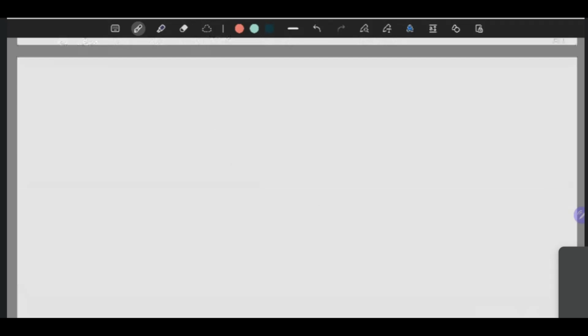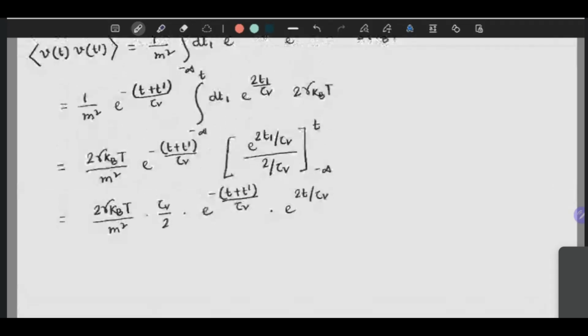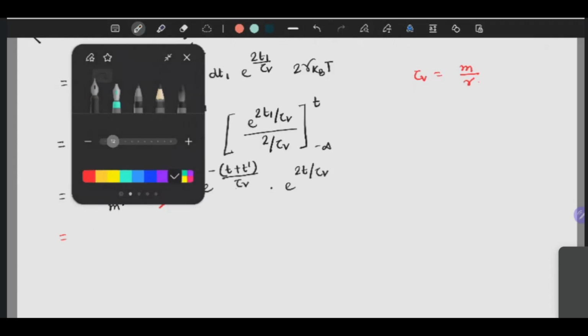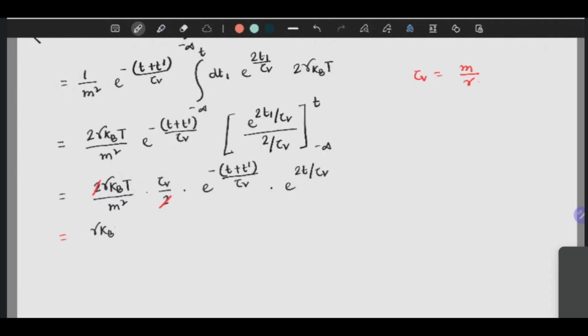So now, you know tau v is m by gamma. So if it is m by gamma, 2 and 2 cancel out, gamma gamma cancels out, and m by m cancels out, so it becomes gamma kbt by m square times m by gamma times, from here 1 minus t by tau v will be balanced by this, so this will be (t minus t prime) by tau v.